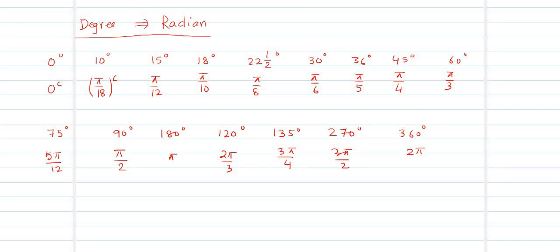So the first question is this: in which quadrant does the angle 1190 degree lie? We need to find the quadrant. Now how to do this type of question?